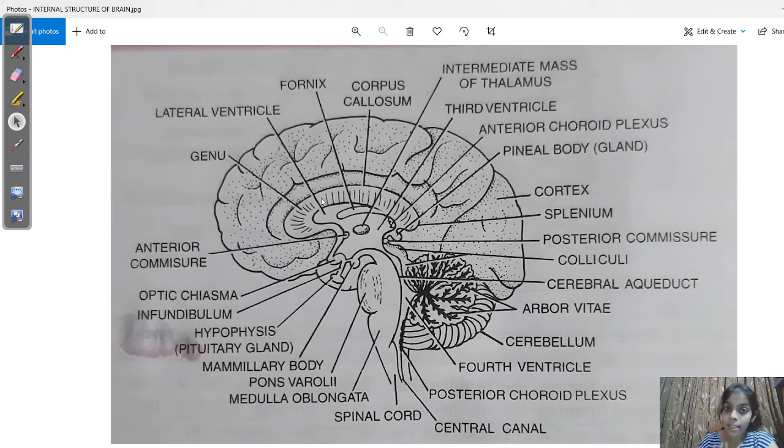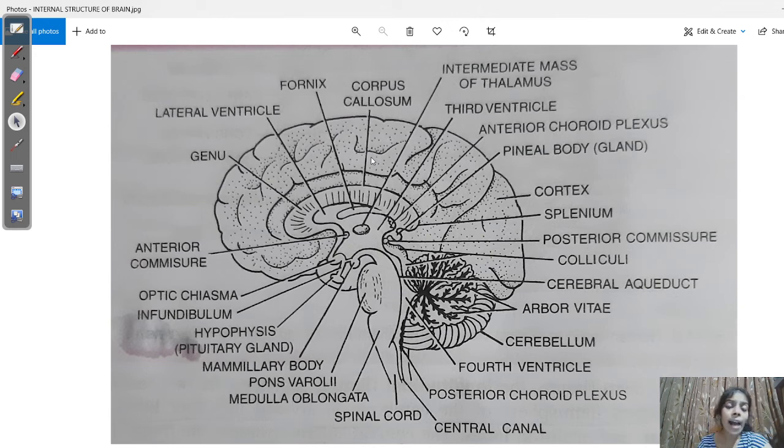Now you can see there are many folds and depressions in the cerebrum. The depressions are called, singularly, sulcus, plural sulci. The upfolds are called, singularly, gyrus, plural gyri.